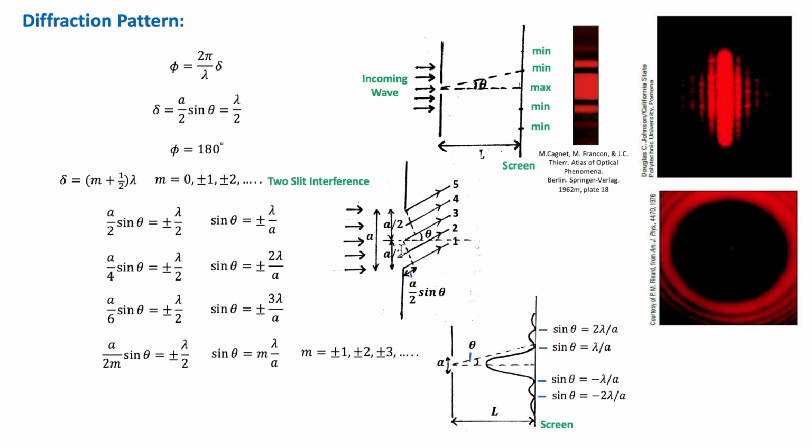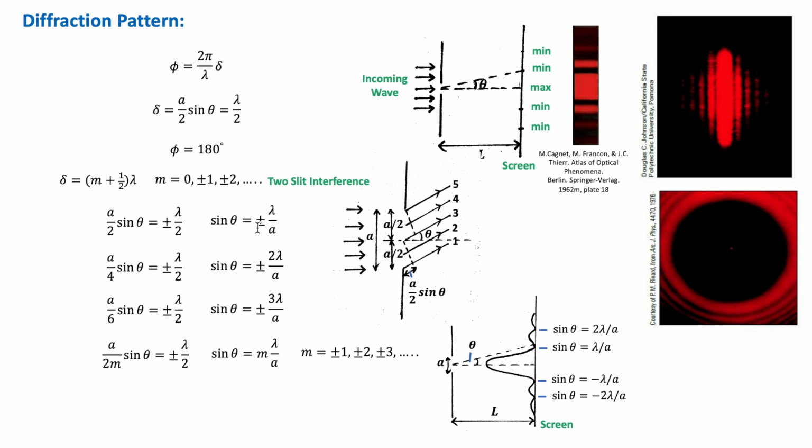This means that the ray from the bottom travels a distance of one wavelength further than a ray at the top. And so a ray from the center travels a distance of lambda over 2 further than a ray at the top, and therefore will have a 180 degree phase difference, and destructive interference occurs, for example, between 1 and 3 and between 3 and 5. This is why for any two waves originating at points separated by a over 2, which is half the slit width, the path difference between them is lambda over 2, so the phase difference is 180 degrees and they interfere destructively.